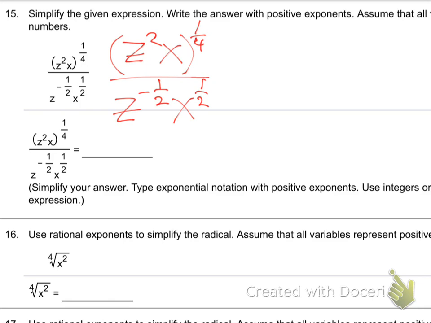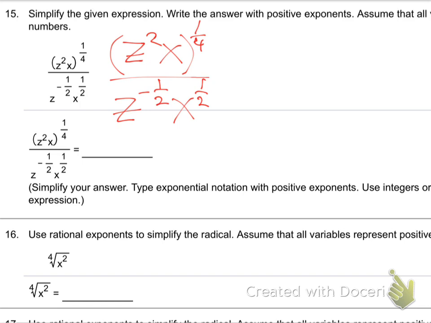Okay, let's start with that power outside parentheses. You can do this one, you just got to follow the rules carefully. So the power outside parentheses, what is that going to do? Rule number 6 tells us the powers outside parentheses multiply powers inside parentheses.